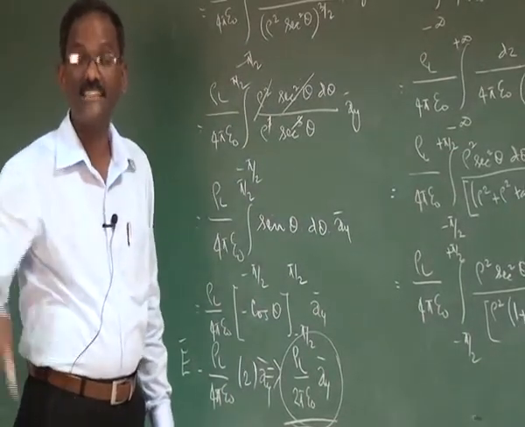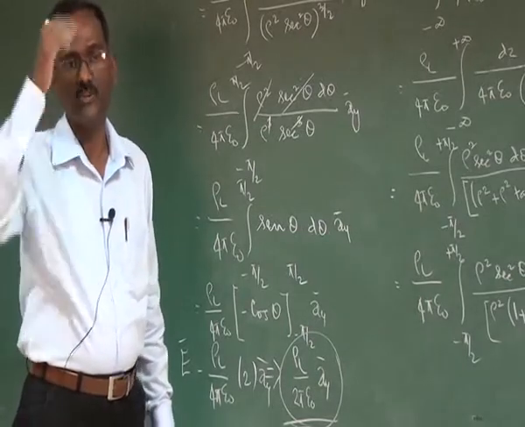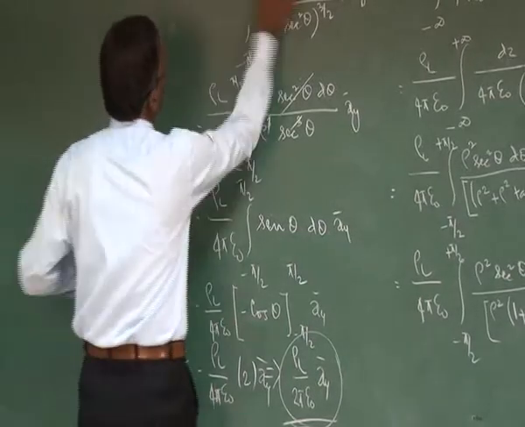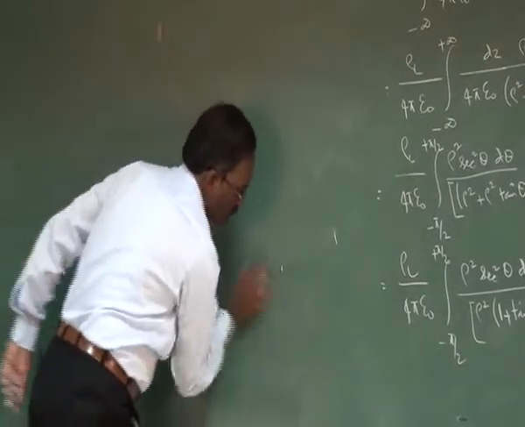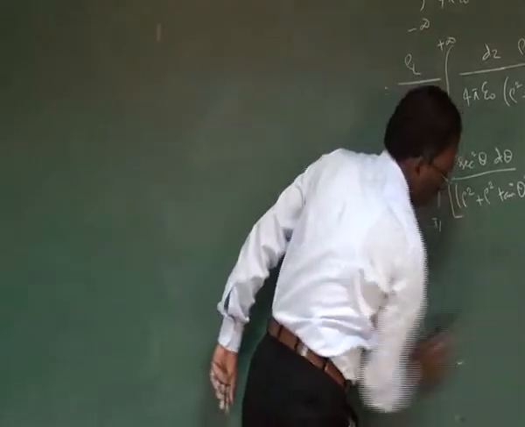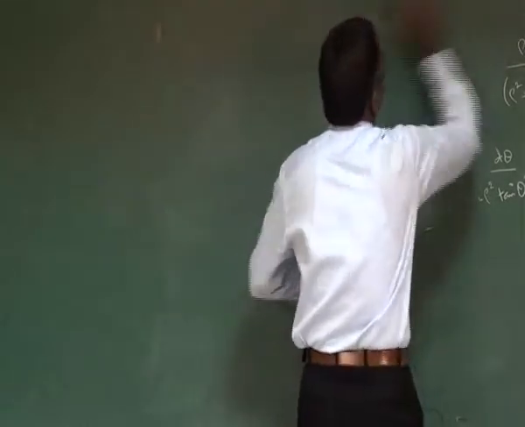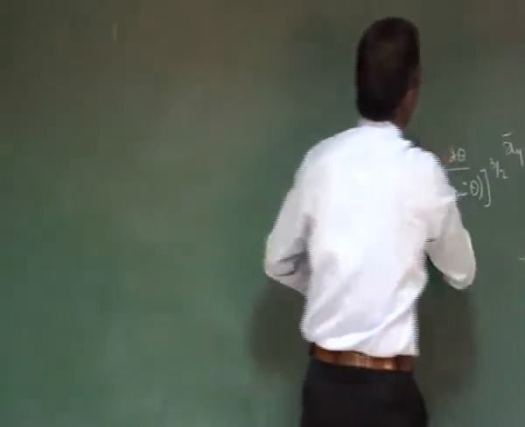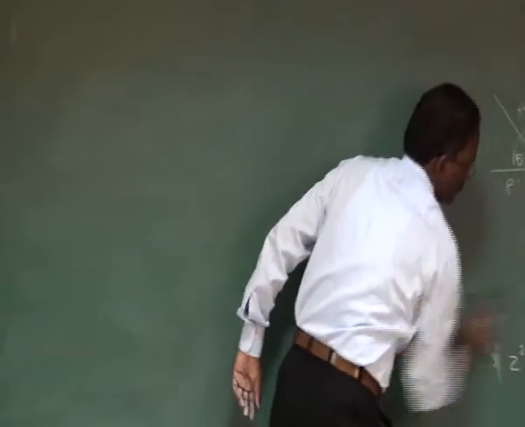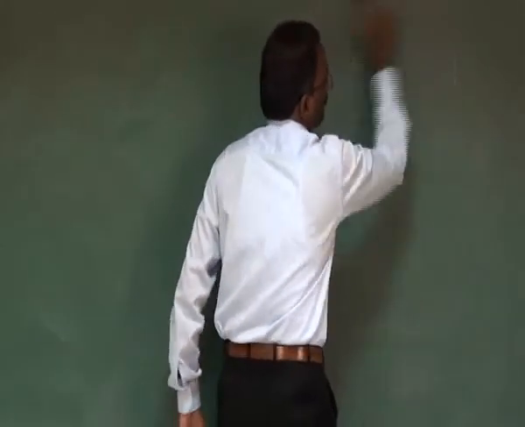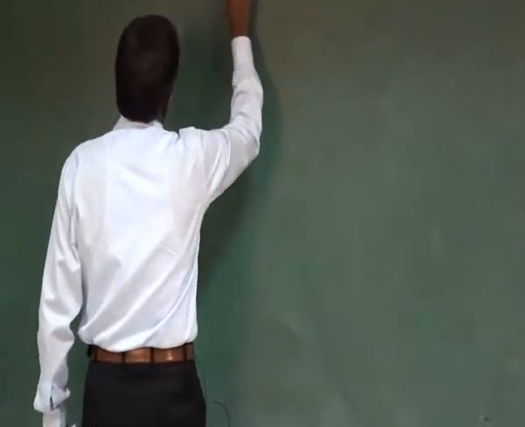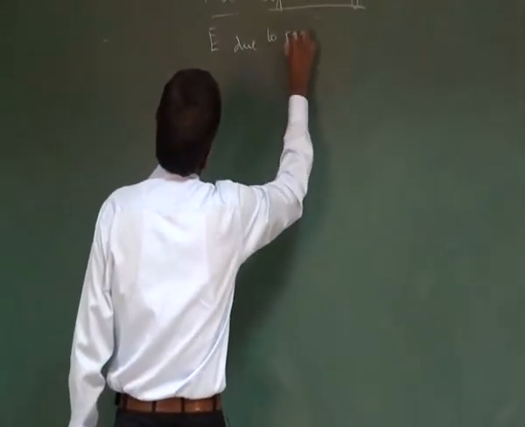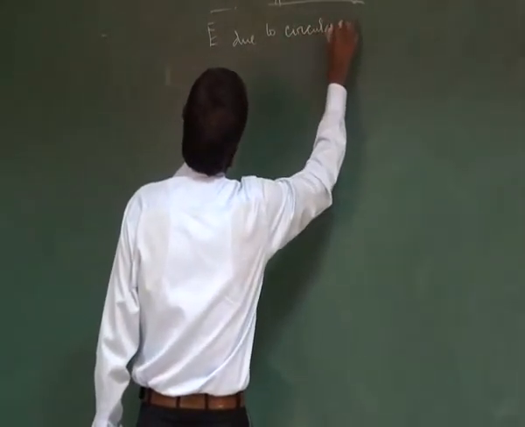If the conductor is made as a ring, what will be the value of E at one particular point? E bar due to a circular ring.